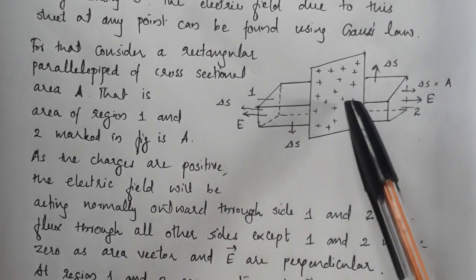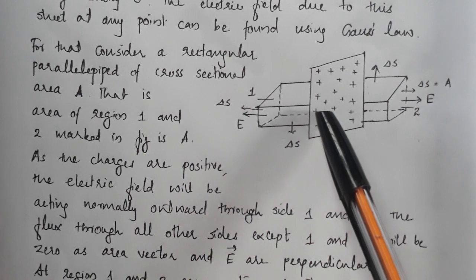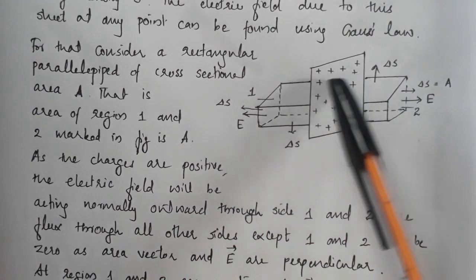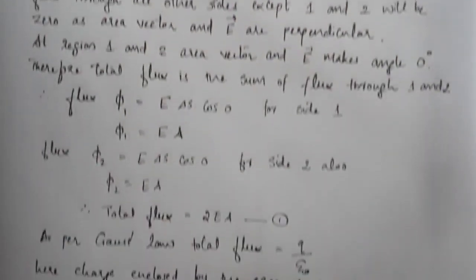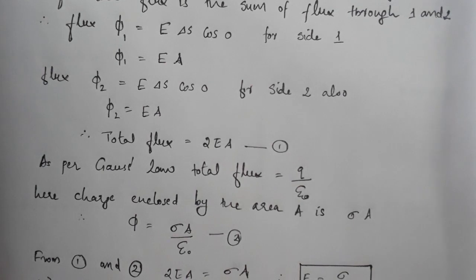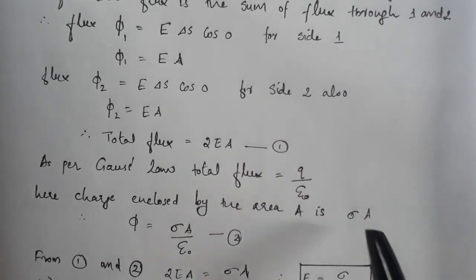So when you consider Gauss's law, Q by epsilon 0, Q is the charge enclosed within this area. So here, within area A, what is the charge? I have sigma as the charge density, that is per unit area I have sigma as charge. So the charge enclosed by the area capital A will be sigma A.